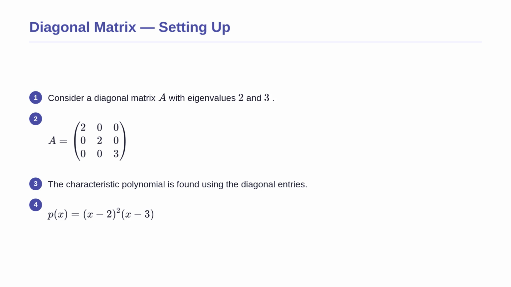We simply look directly at the diagonal entries, which are our eigenvalues. The eigenvalue 2 appears twice, so its corresponding factor is squared in the equation. The eigenvalue 3 appears only once, so its factor has a power of 1. This gives us our characteristic polynomial, P of x, which has a total degree of 3.